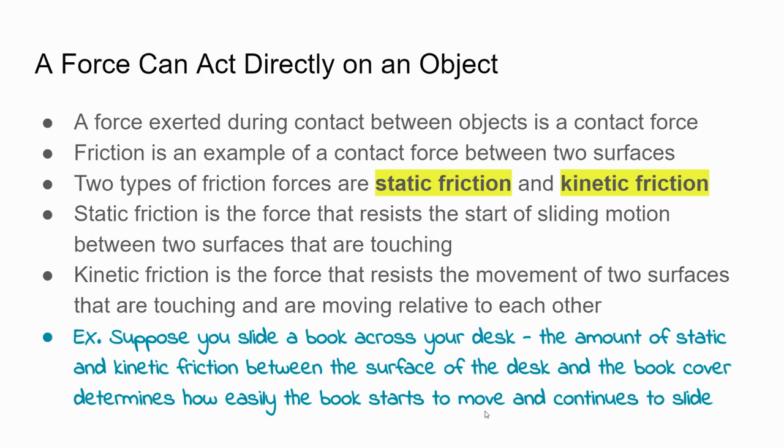But how fast it is moving depends on what the surfaces are like. If they're both really smooth, then things slide across really easily. There's very little static friction, but there's kinetic friction because it's actually moving.